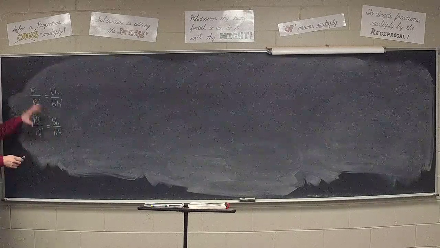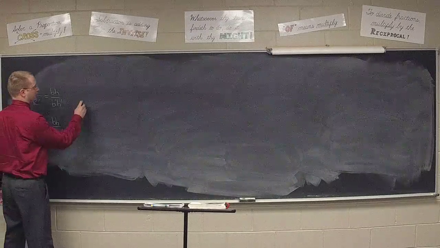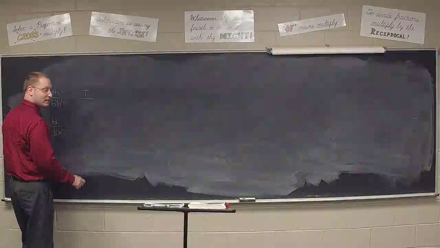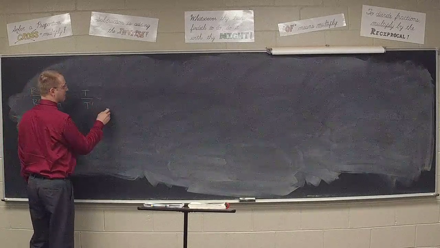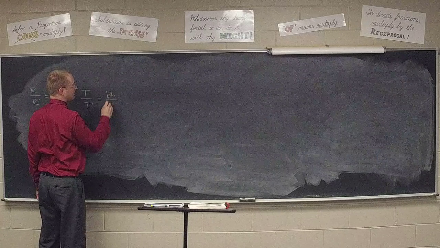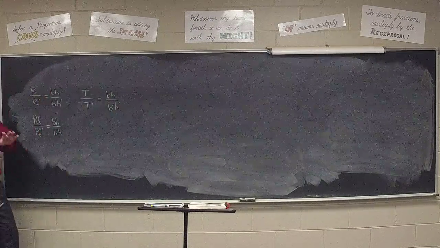There we go, same thing as the rectangle. For that matter, Ethan, I could compare the areas of two triangles with what proportion? T over T prime equals BH over B prime H prime. You're making this really hard. It should be really easy by now.